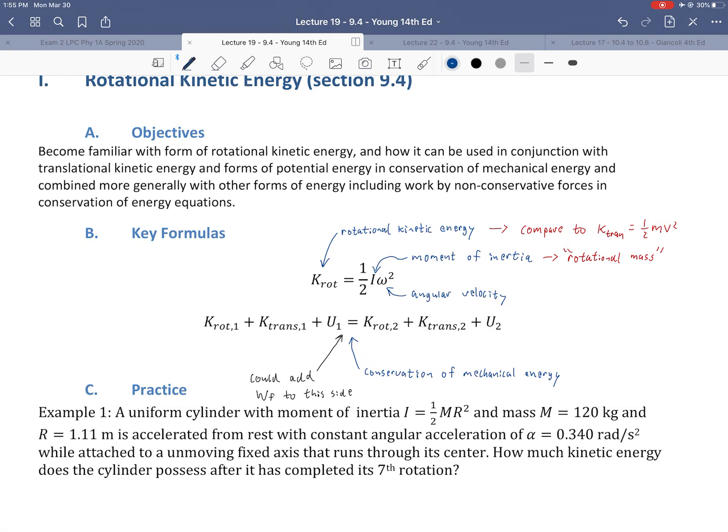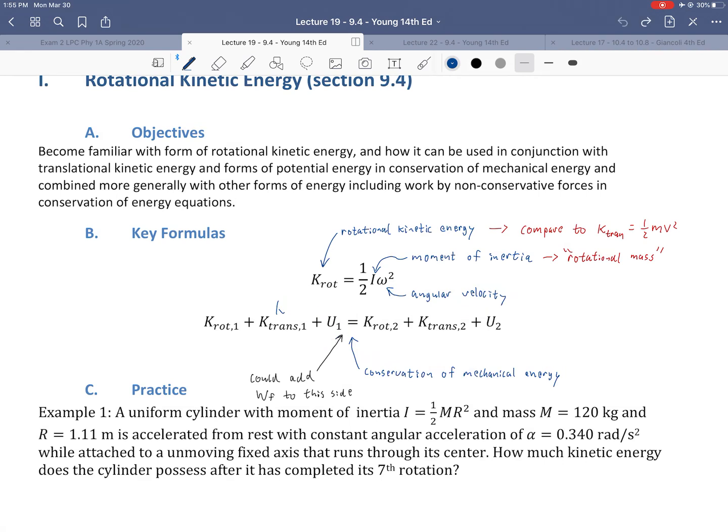Okay? And then we would have an equation that was conservation of energy in a broader sense to include the work done by friction. All right. But if we're sticking with mechanical systems, which we will for now, then we notice that the form of our conservation of mechanical energy is very similar to what we saw before. We always had a K1 and a K2, and then we had a U1 and a U2.